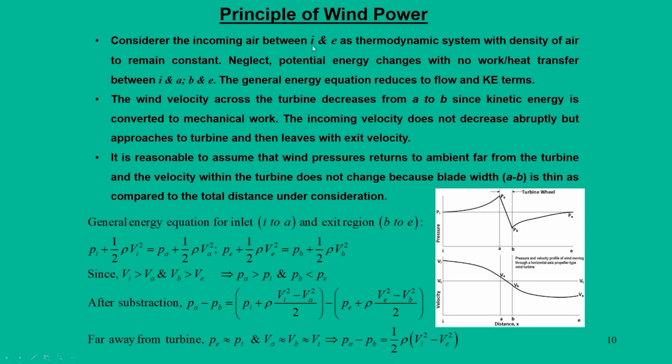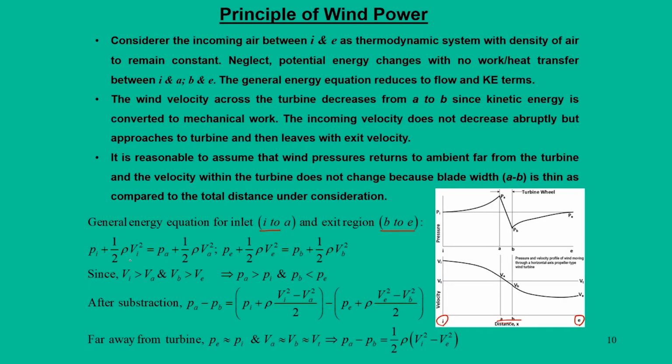We take this complete domain as I and E, that is inlet and exit, and locations A and B as the locations at which the turbine is installed. Since there is a drop in pressure there, we keep A and B aside separately and apply Bernoulli's equation between I and A, one equation, and the other between B and E. Based on this, we write these general energy equations from I to A and B to E, and we also neglect the elevation difference.